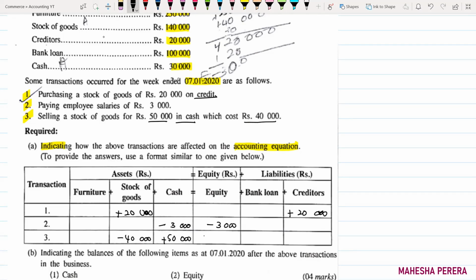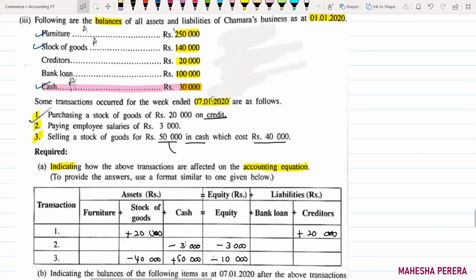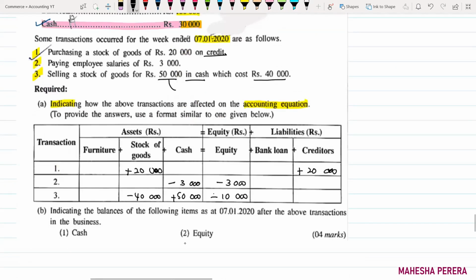And then you need to increase the value of equity by the profit amount. What's the profit amount? 50,000 minus 40,000, and it is 10,000. So the equity value should be increased by 10,000 rupees. Right, these are the impacts, and the marks are half a mark for the first one, again for the next one, but for the last one they have given 1 mark. Okay, 1 mark. Right, let's move on to the next question.